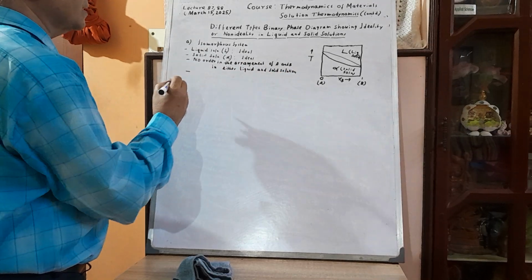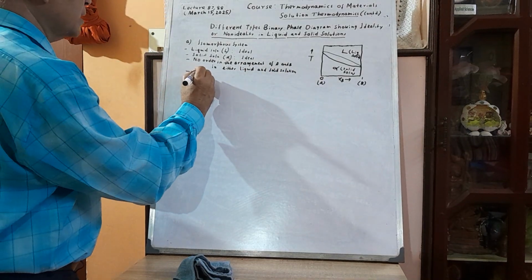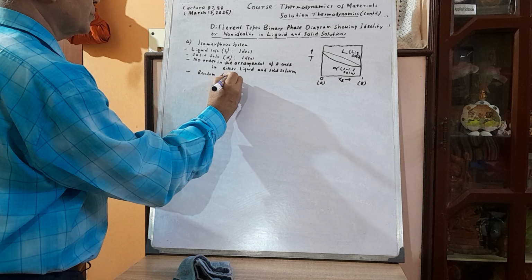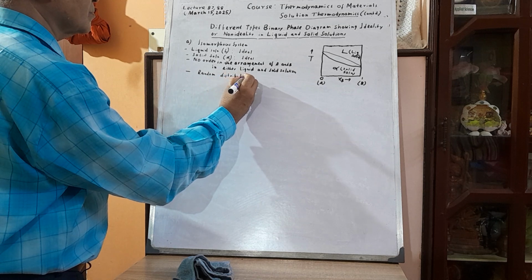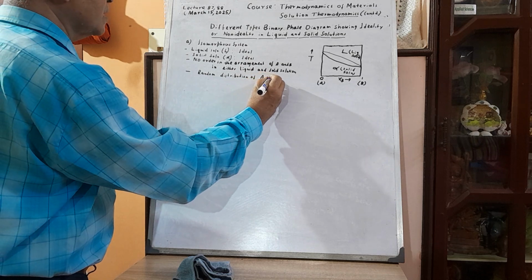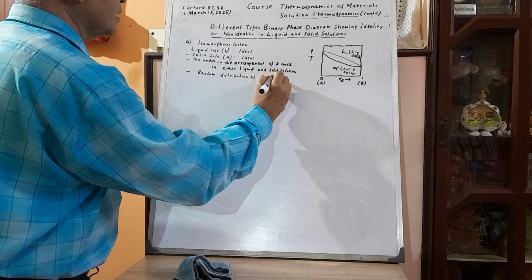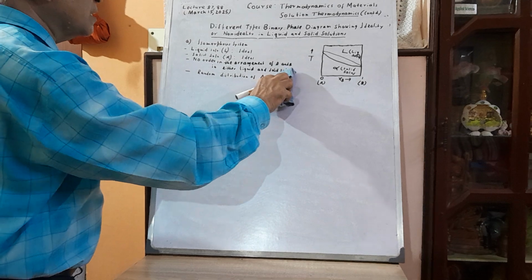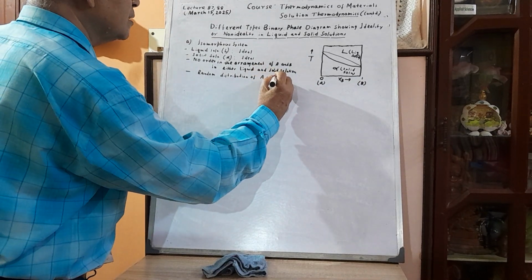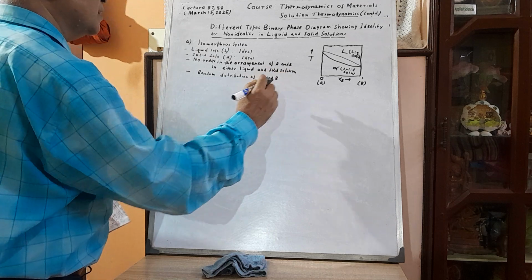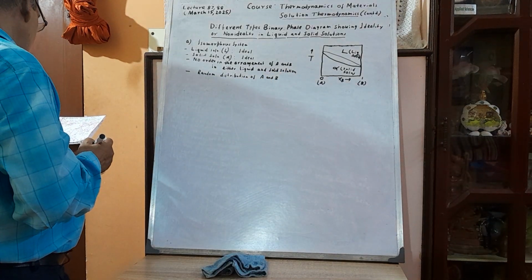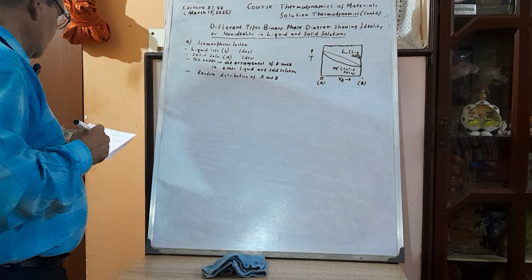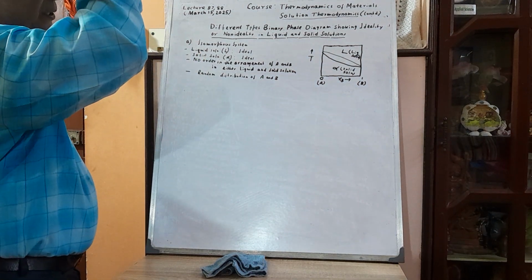This means a random distribution of A and B in liquid and solid solutions. So this is figure 1.